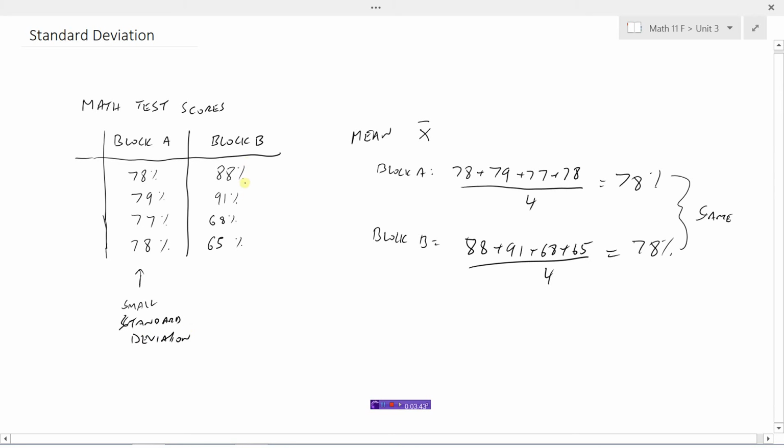And Block B would have a large standard deviation because these individual data points are a long ways away from the average of 78.